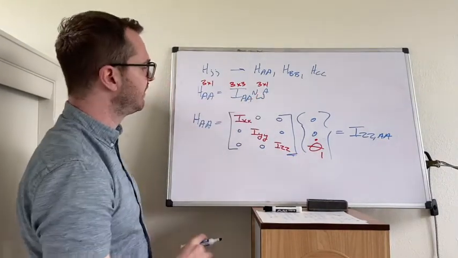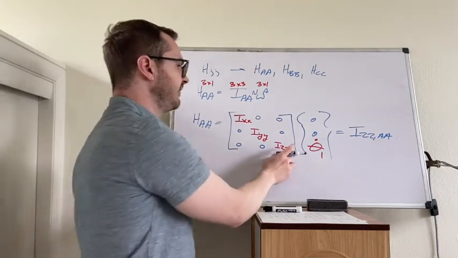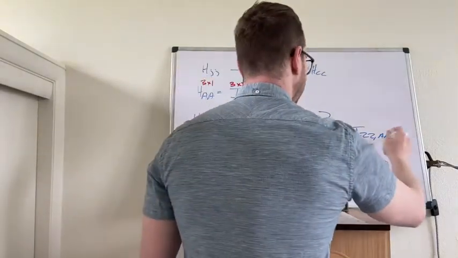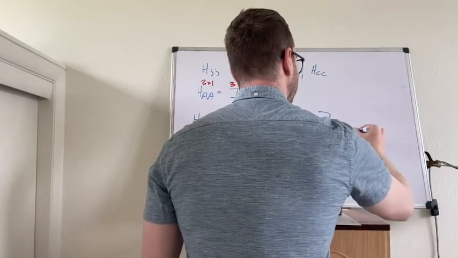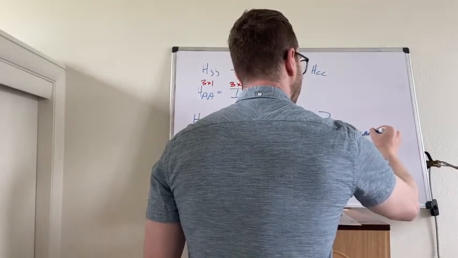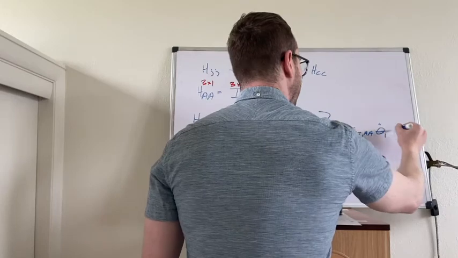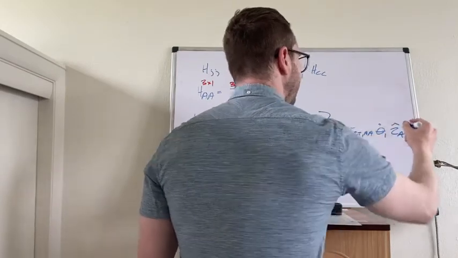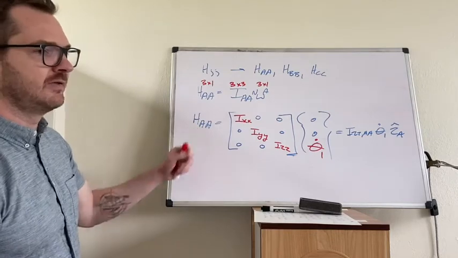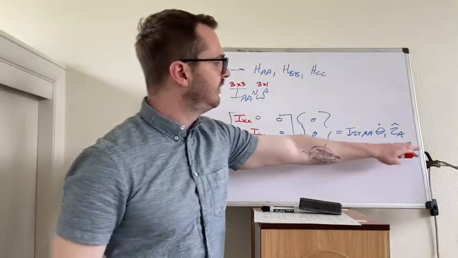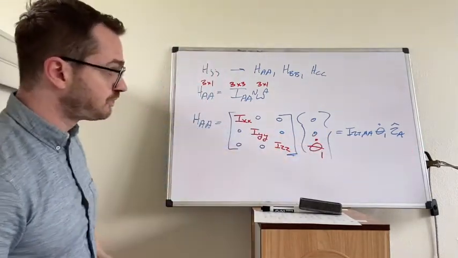That way we can keep it separate between bodies. But it's this I_ZZ term multiplied by theta 1 dot, and it acts in the Z hat A direction. Don't forget, H_AA is a vector. We need to keep these directions on here.